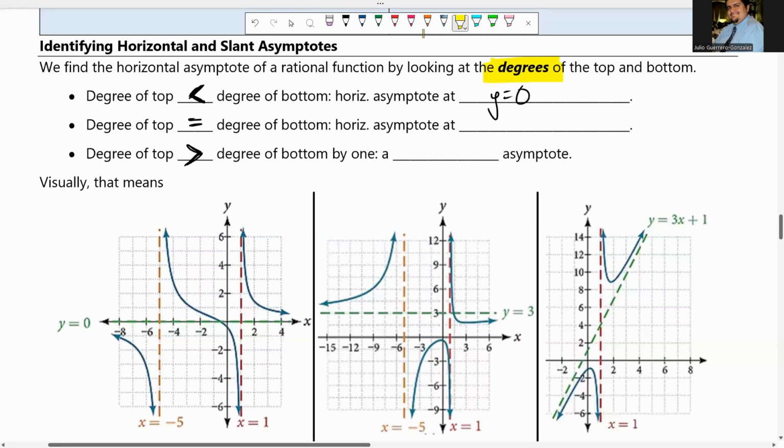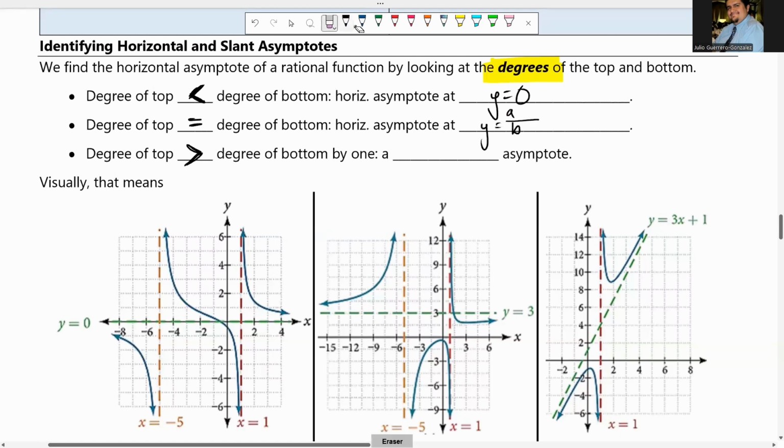Next one. When the degree of the top is equal to the degree of the bottom, you have a horizontal asymptote specifically at y equals a divided by b.